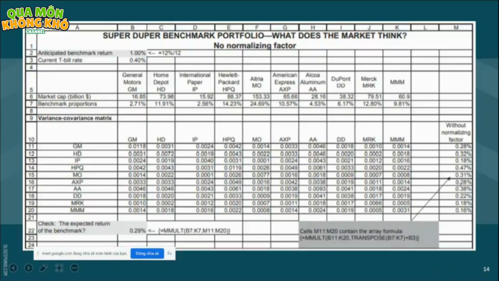But without the normalizing factor, the expected benchmark return is 0.29% per month, as opposed to the 1% suggested above. So we will need to multiply the benchmark proportions by a normalizing factor.